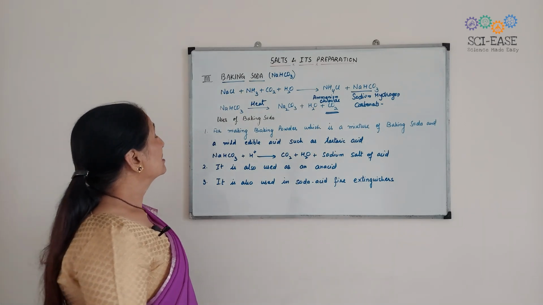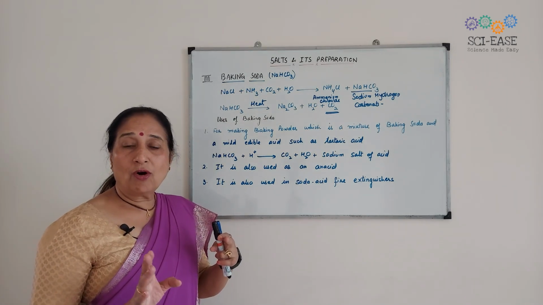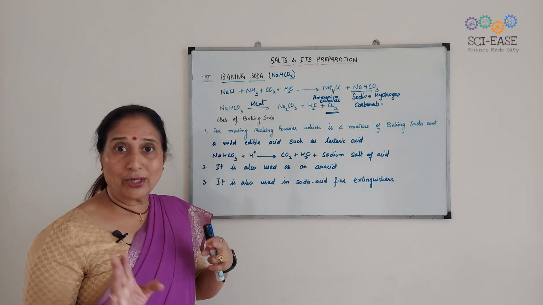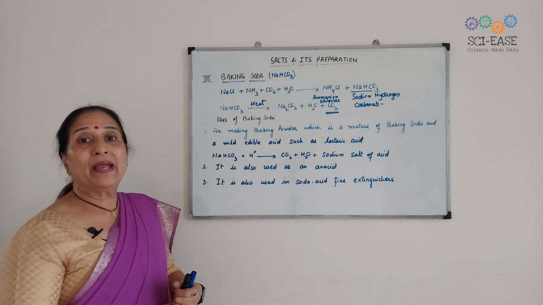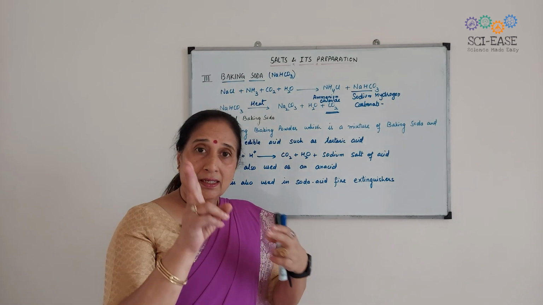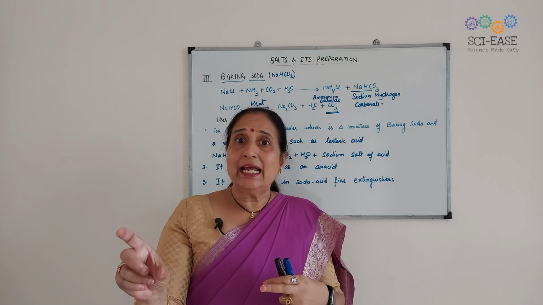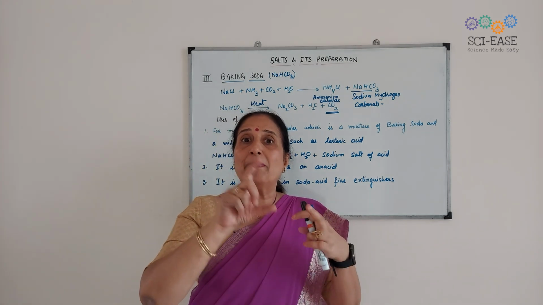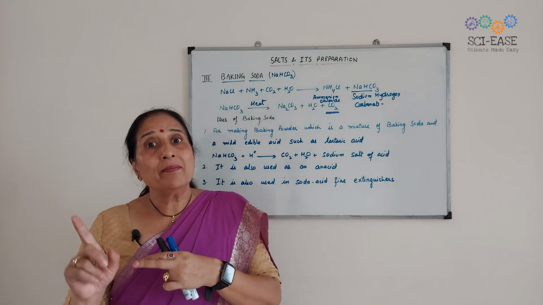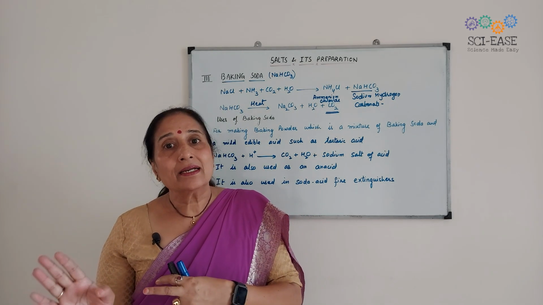Now there are many uses of this sodium hydrogen carbonate. First one, for making baking powder. We know one is baking soda and one is baking powder, which is a mixture of baking soda and some edible acid like tartaric acid.